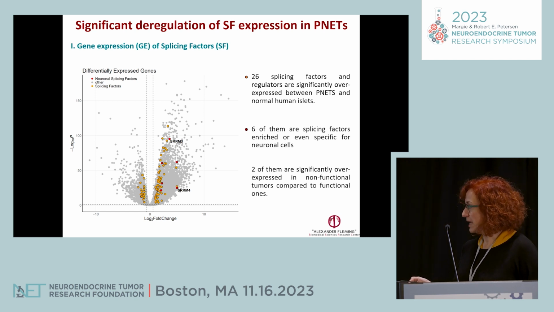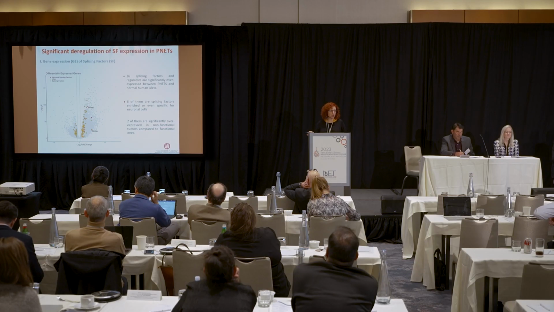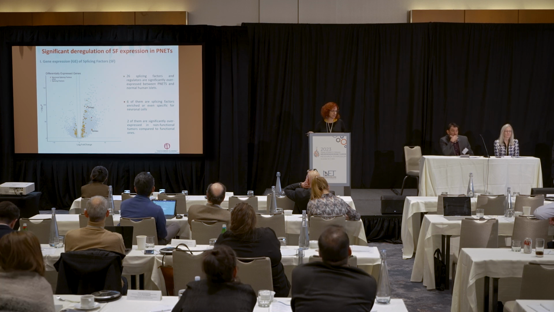And 6 of them, interestingly, are splicing factors that are known as neuronal factors. Most of them do not really express at all in other tissues. We started looking for some differences between non-functional and functional tumors. There are some differences, but we need more samples to be more confident about our results.